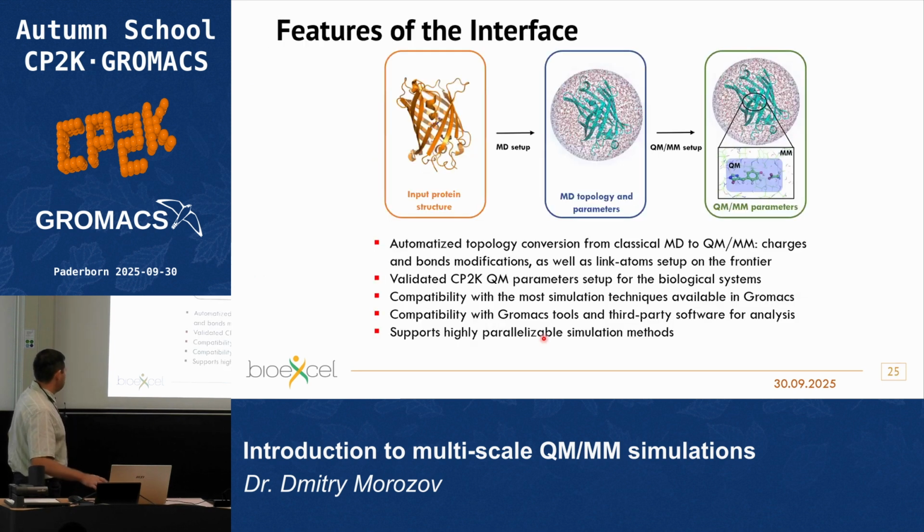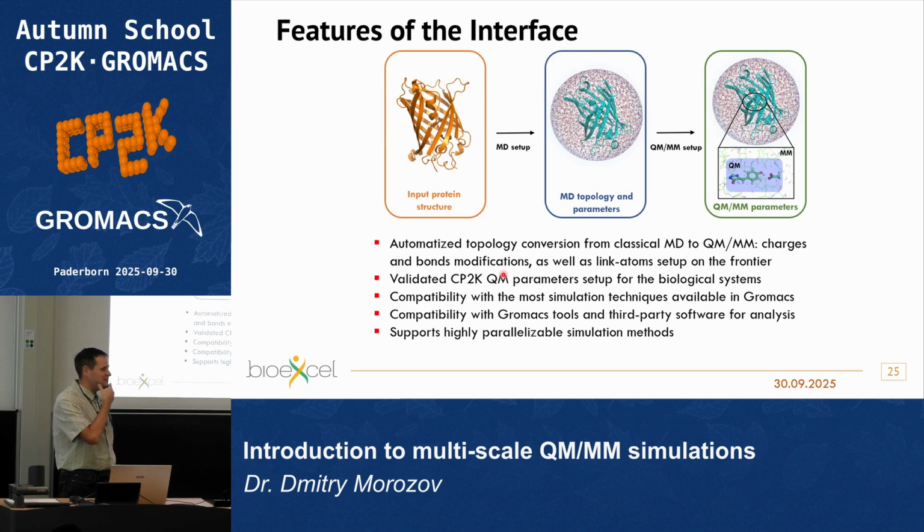Okay, and what we have in that interface is that it can automatically convert the topology from a GROMACS MD simulation to QM/MM. We have some pre-validated QM parameter setups, but actually I would say that they're overkill, meaning that they are much better than they could be, just in case so that the simulation will be more stable.